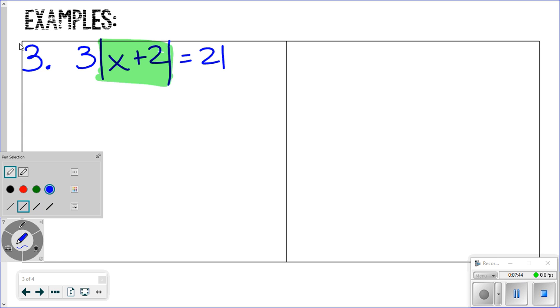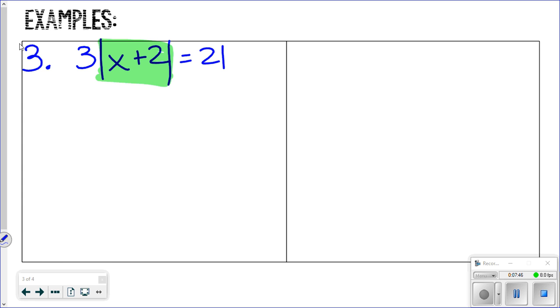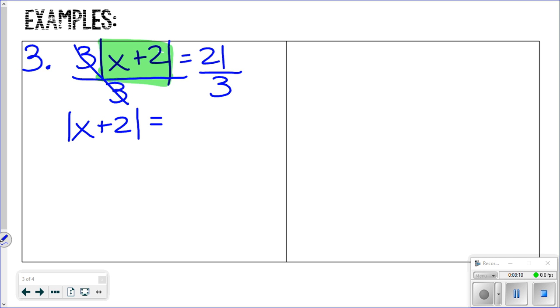Currently, there's a 3 directly out in front. The 3 and the absolute value are smushed together, so they're being multiplied. So the opposite is divide by 3, and these cancel. If I divide by 3 on the left, I have to do it on the right-hand side of my equal sign. And we're left with x plus 2 equals 21 divided by 3 gives us 7.